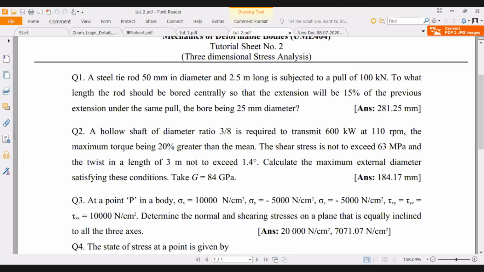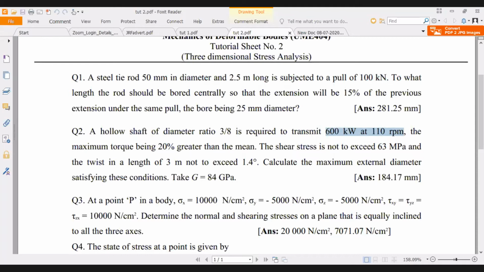That is the torque. If the problem is related to torsion, you are dealing with the torque. So how will you calculate the torque with the power and the speed given? Can anyone tell me the formula? What is the relation between the power and torque if the speed of the shaft is given?